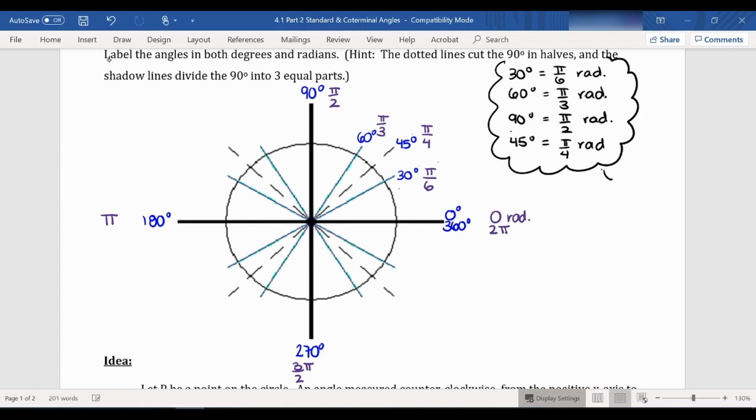So these are our special angles. You know these, you can figure out pretty much all the other angles that are in this circle. And we're going to use that here in just a moment. As long as you know these four, you're pretty much set. Okay. So these ones you should make sure you know.